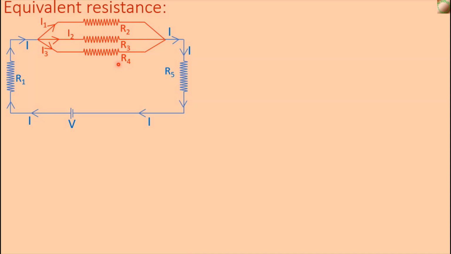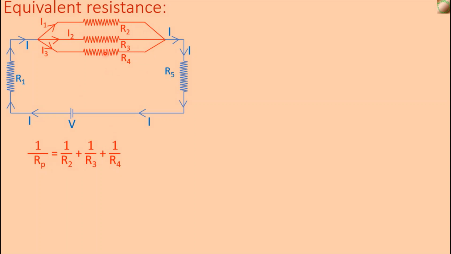Here I1, I2 and I3, three different currents are flowing through these three resistances R2, R3 and R4. Here I current is split into three parts. Therefore we can say these three resistances are connected in parallel. Here different current is flowing through the different resistances, and their equivalent resistance is 1/Rp = 1/R2 + 1/R3 + 1/R4. Here these resistances are R2, R3 and R4.